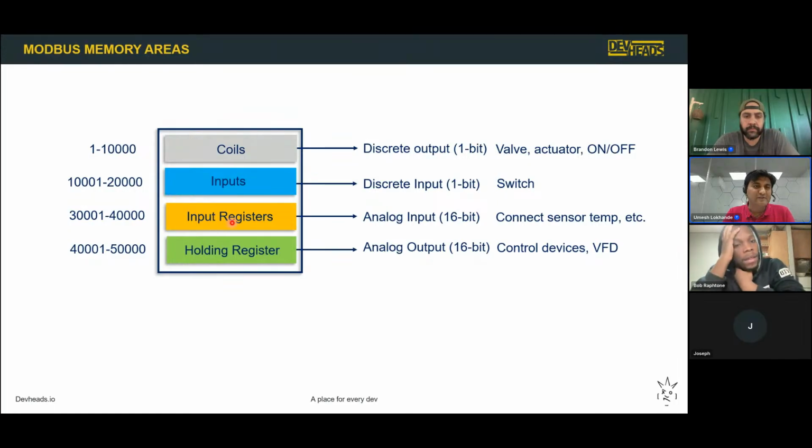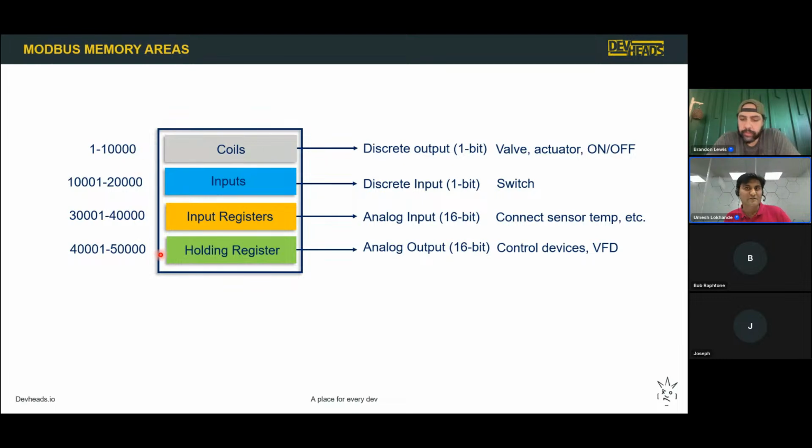When it's an input register, your address starts from 30,001 to 40,000. And for holding registers, the memory address is 40,001 to 50,000. These addresses are fixed as per the Modbus specifications, right? So it doesn't matter whether it's Modbus RTU or Modbus TCP, these addresses remain the same.